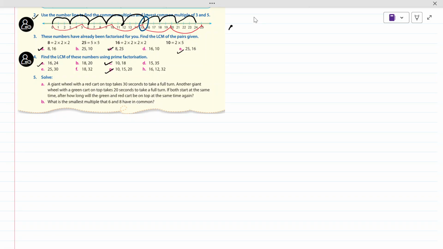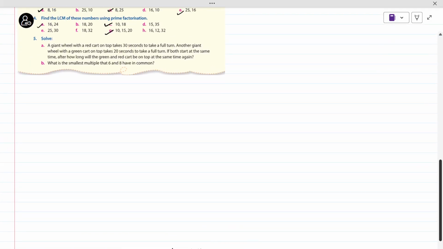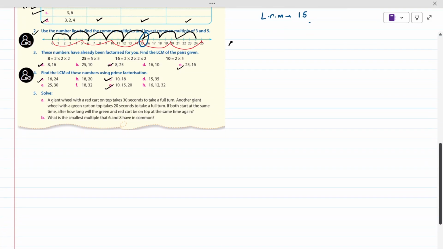So what it's saying is that there is one cart on a red wheel and another cart on a green wheel, and they are taking 30 and 20 seconds to take a full turn, and we have to find the time when they are going to meet at the same time again. That means we have to find the time where they are landing together.